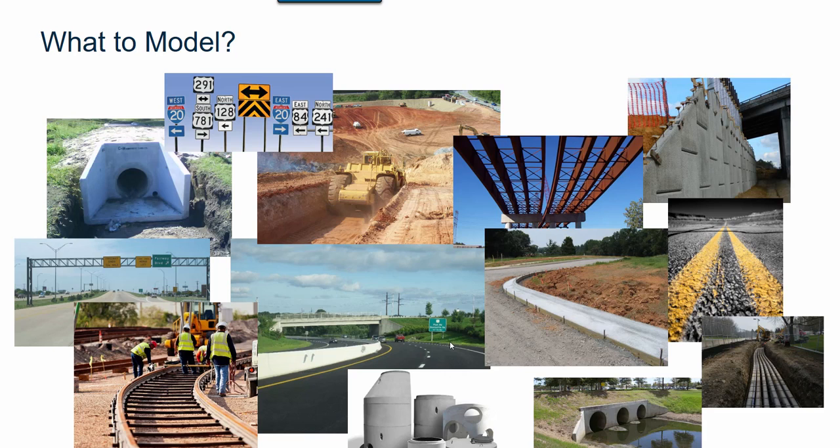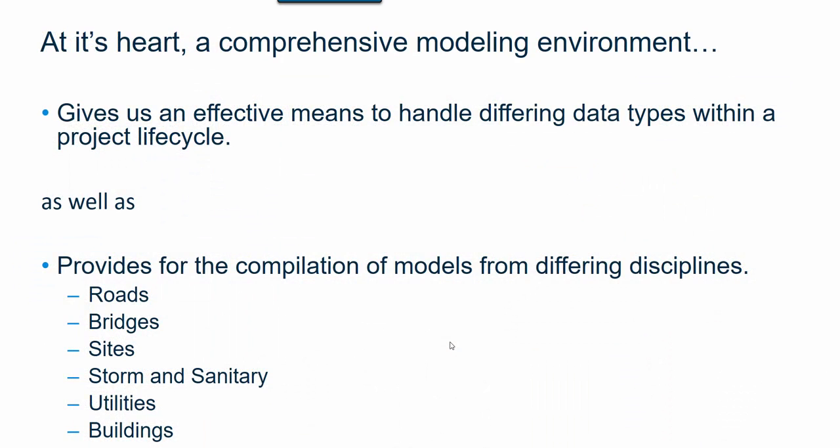Where's the limit? As you look at these images, you'll notice each of them represents a different discipline, a different group of designers within the framework of an overall infrastructure project. Any given project could have a roadway, a bridge, a rail, drainage, sanitary sewer, utilities, a duct bank, and all of that involves multiple moving pieces and parts, right? So a comprehensive modeling environment needs to address that.